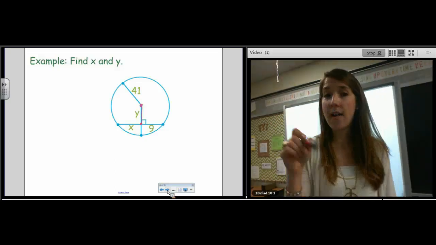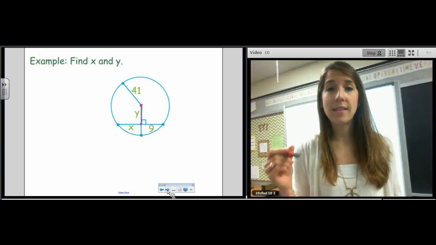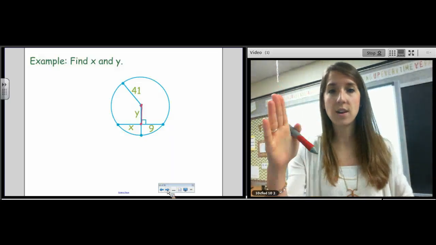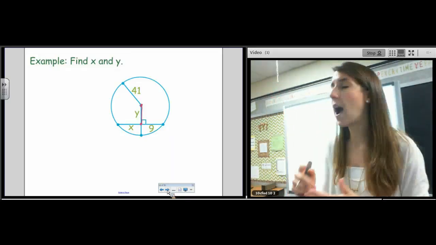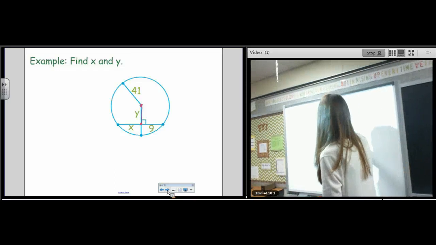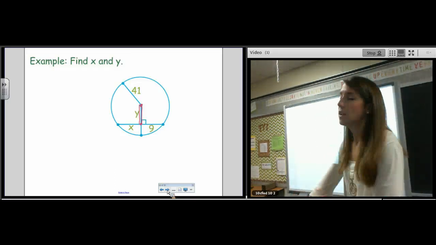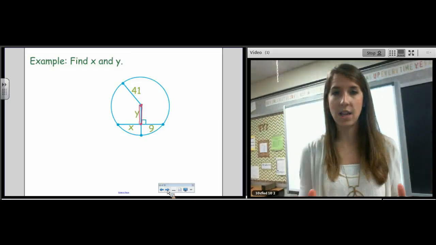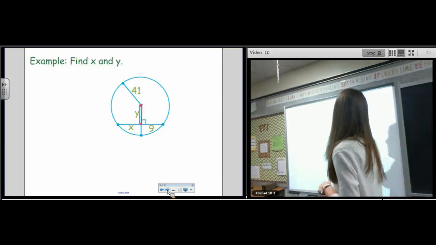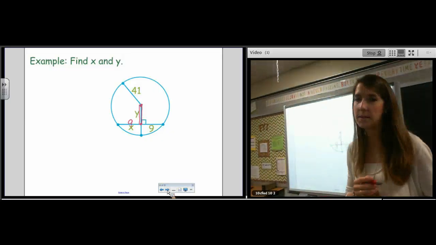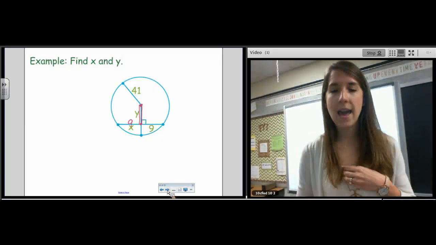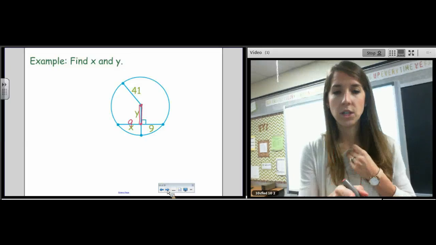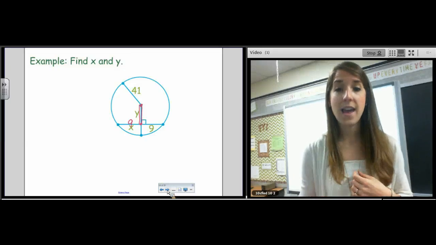So unless I draw like a bracket or something, when I label a segment, it's always from intersection to intersection. So Y is this segment right here, and I don't even need to label it that because you always assume it's from intersection to intersection. So yes, X is 9, and that's common sense. But Y, good job, Hussein, Y is 40.